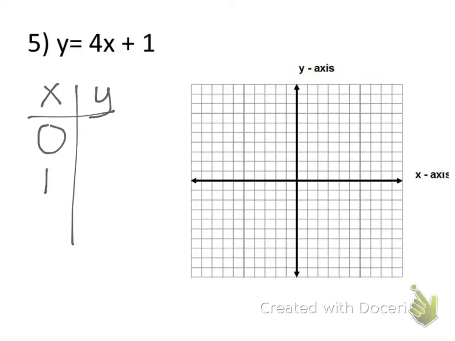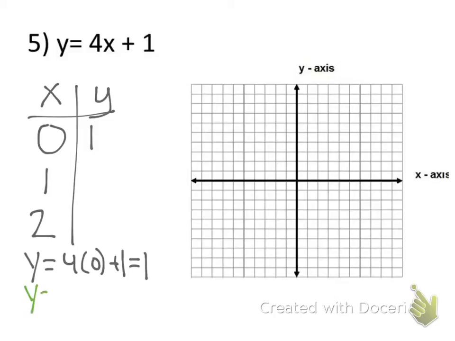Great, that's what I want to plug in as well. When I plug a 0 in, I have 4 times 0 plus 1. 4 times 0 is 0, and 0 plus 1 is 1. So I have 0, 1 as my first ordered pair.